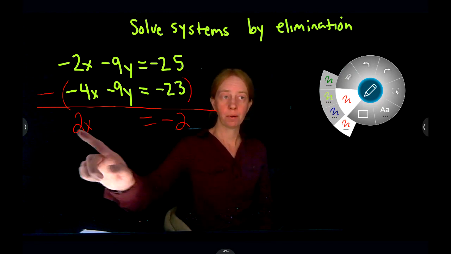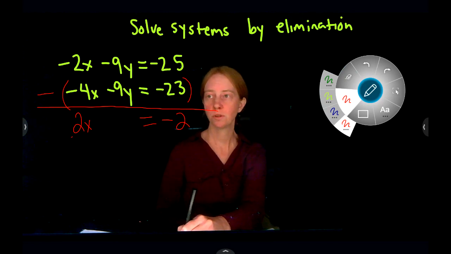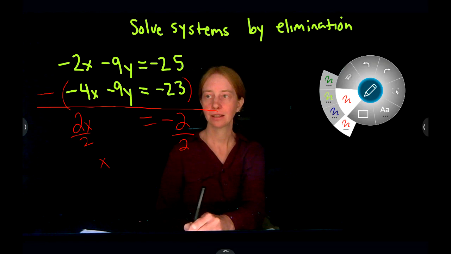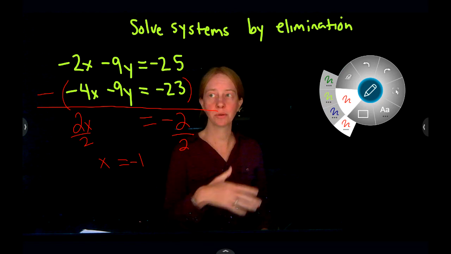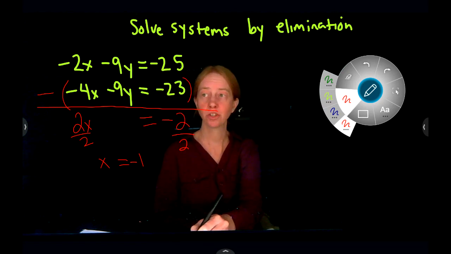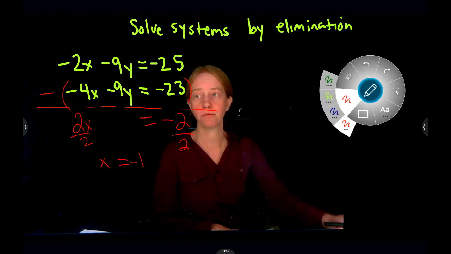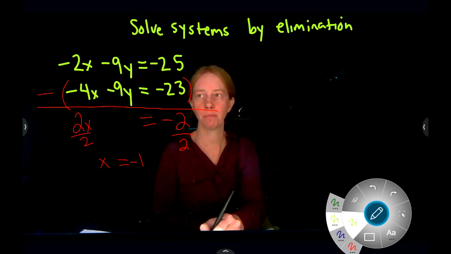Now I have a problem I'm going to solve. 2x equals -2. I'm going to divide by 2 on both sides. X equals -1. Now, just like I was doing before, I'm going to plug that x in. I can pick either equation that I want. So I'll just pick the top one because I have to pick one. I'm going to write in green again because the green I know you guys can see just a little bit better.